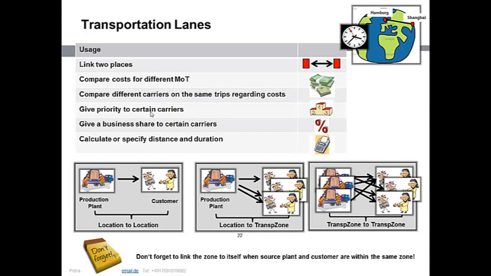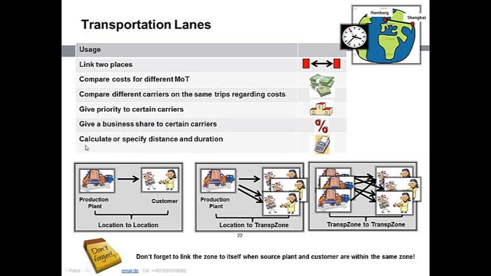And if you have a second carrier defined on another lane, then you will still be able to compare the costs. Then you can give a business share to certain carriers, and I will also explain how you do that. So you can say this carrier has 20%, this has 30% on that region or on that transportation lane.